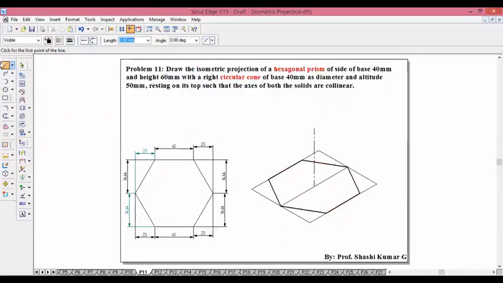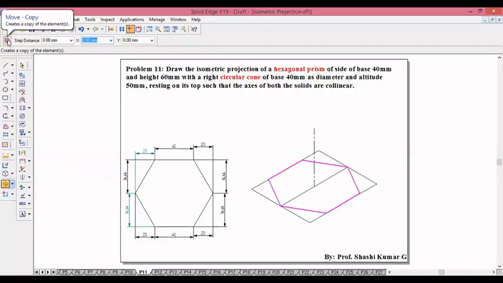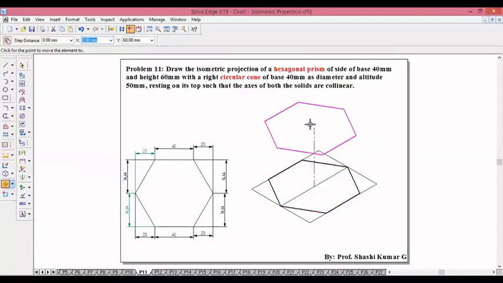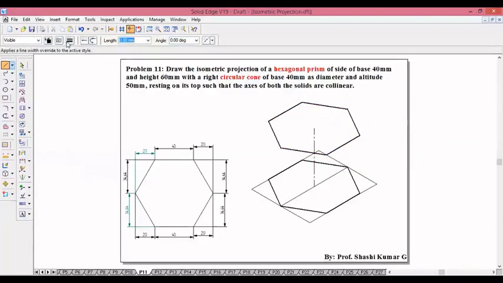Anyhow, we have the bottom hexagon for the prism. The prism will have two bases, right? So make use of the move command, switch on copy, and move from the base to the top, and join the corresponding sides using a thick continuous line.